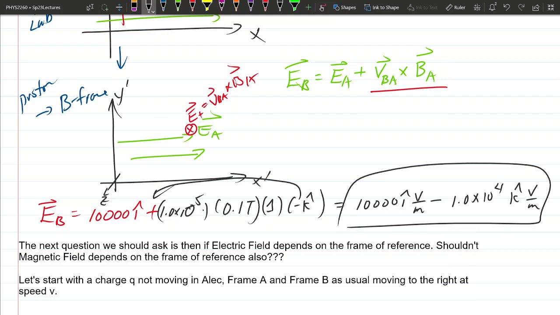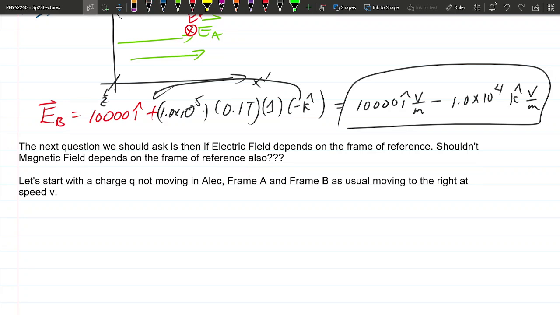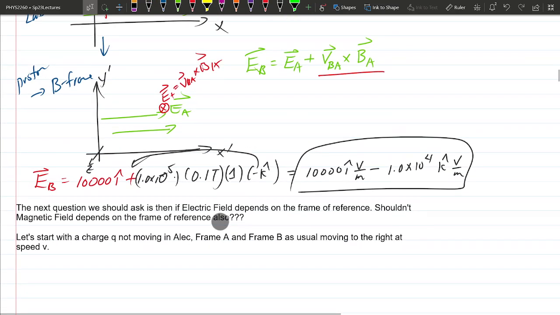You're going to see this in the worksheet today. That's how you figure out the electric field from one reference frame to another, if you have a magnetic field in the first place.